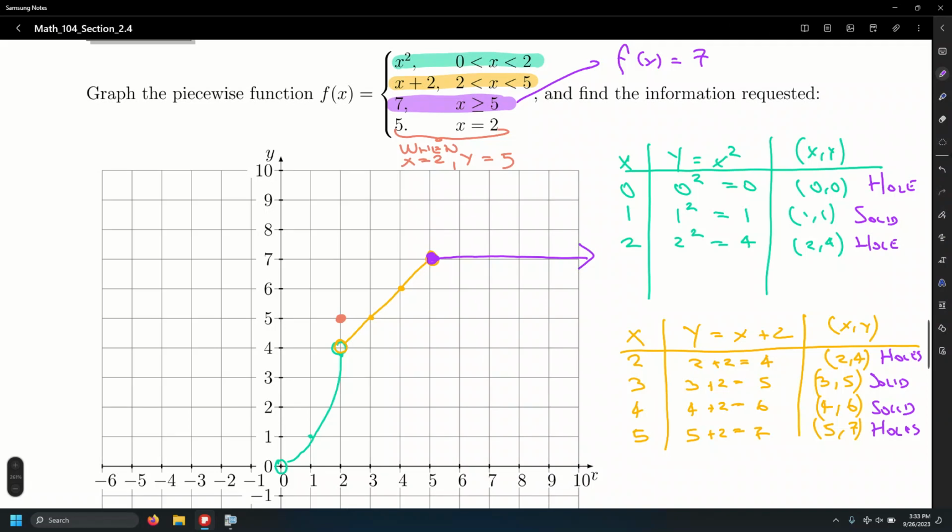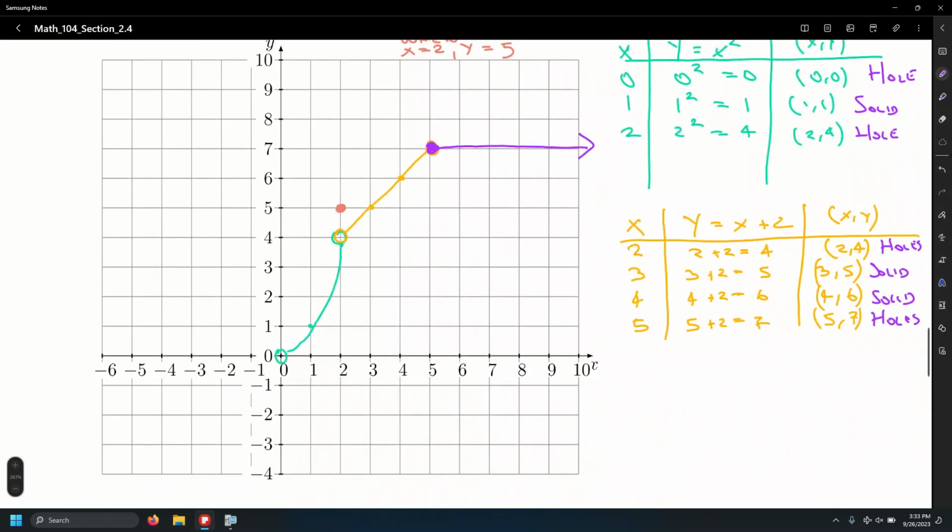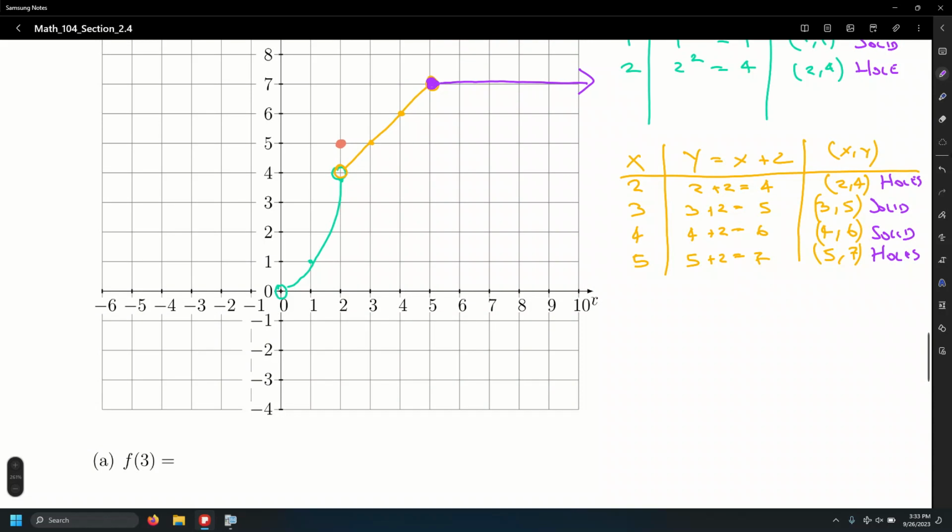All right, so let's go to the bottom part of the grid here and answer the questions. f of 3. So here, in this case, we need essentially 3 sections. Is 3 allowed in the green section, the yellow section, or the purple section? Yellow.